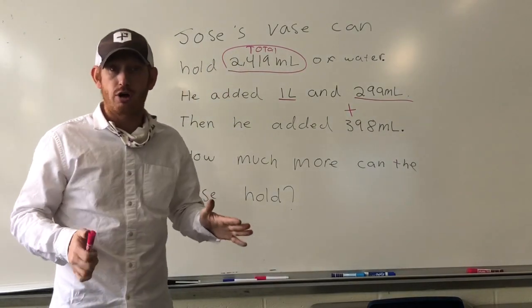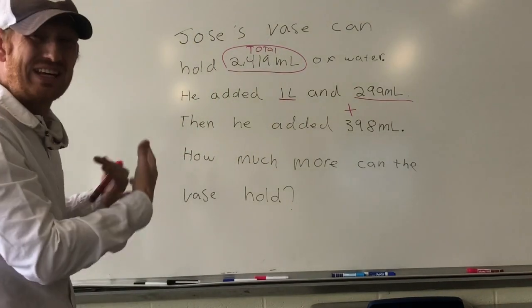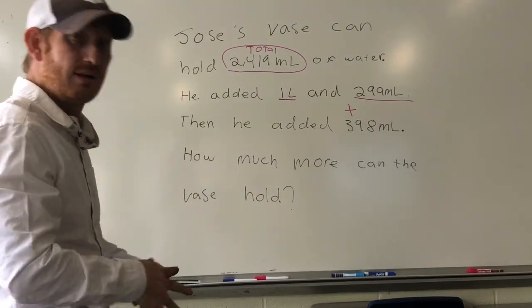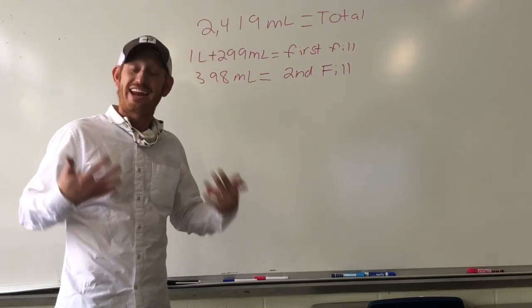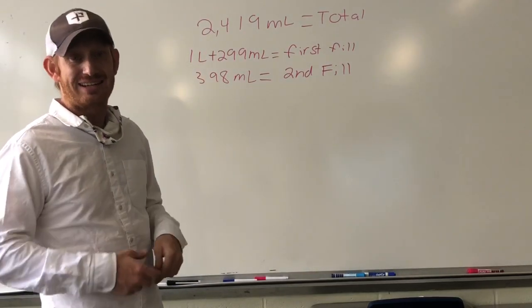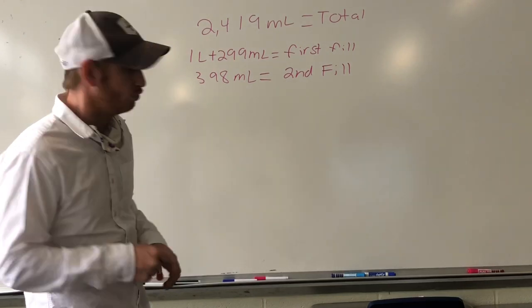So I'm going to put all of our important information down in a way that we can mathematically use it. So I'll be right back. So what I've done is I've taken the word problem out and I've put in our information that's needed to help me find our solution.